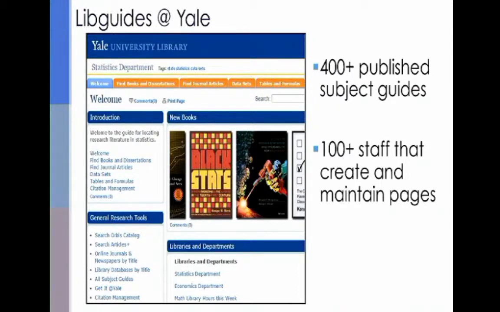It's designed specifically for libraries, and it's something that Yale Library has been using for about 2.5 years. It's really been a heavily used product at Yale Library, so at this point we have over 400 subject guides within this system and over 100 staff that are responsible for publishing and editing and managing these sites. So that's a lot of people to serve.